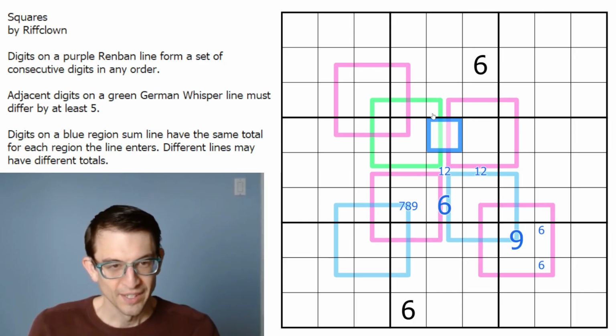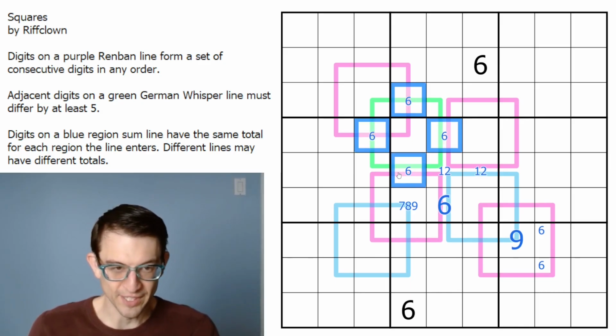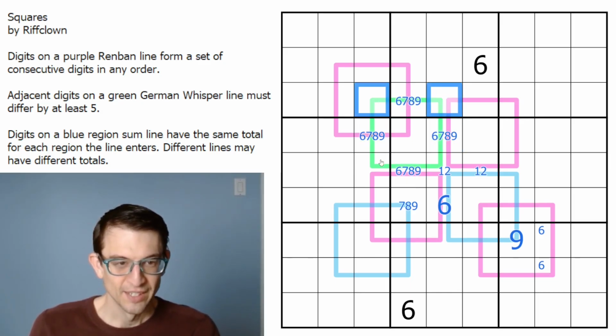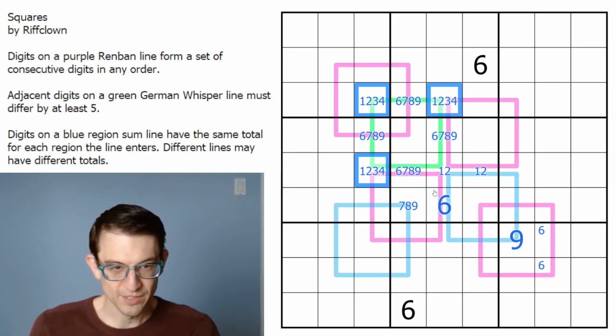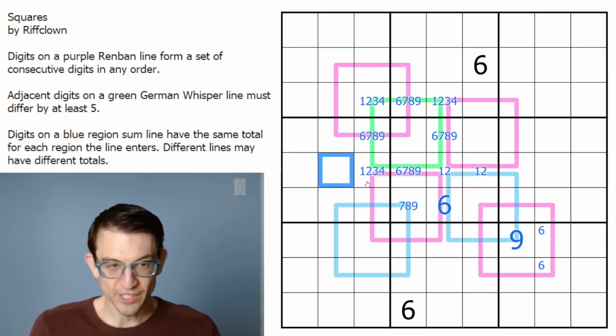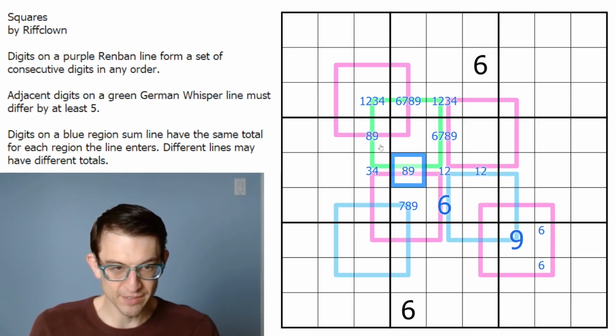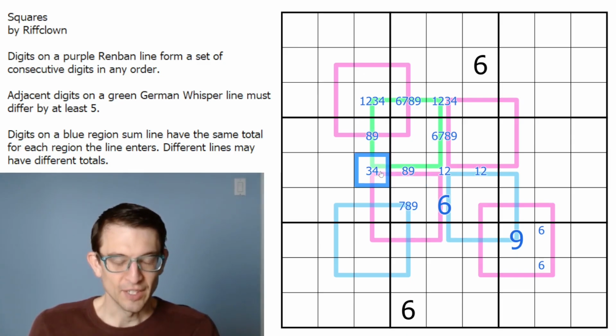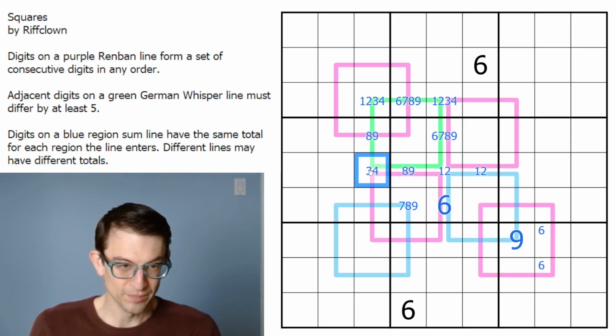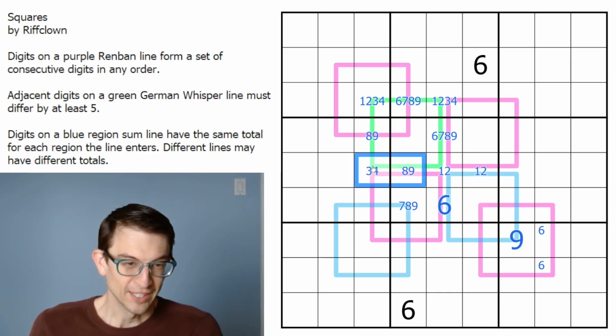So I can highlight these alternating cells. These are all high digits, right? And these are all going to be low digits. And this 1, 2 pair is actually going to get rid of 1, 2 from here. And I've got this cell being either a 3 or a 4. So these can neither be 6 nor 7 because, let's say we're 7, they have to be adjacent to, at maximum, a 3. That's only a difference of 4.